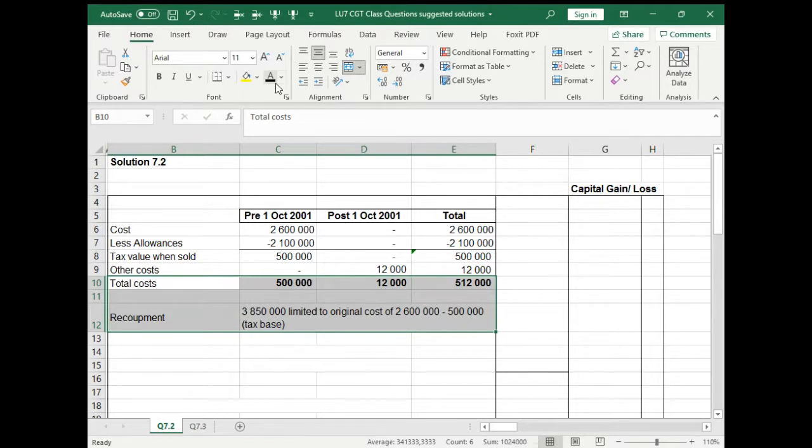Okay, so that's what I've recovered. Now we work it out because the rules say when I do my capital gain or loss, I need to reduce my proceeds and my base cost with any amounts that are included as a recoupment, so that I don't get taxed twice. Okay, so that's why we did this calculation.